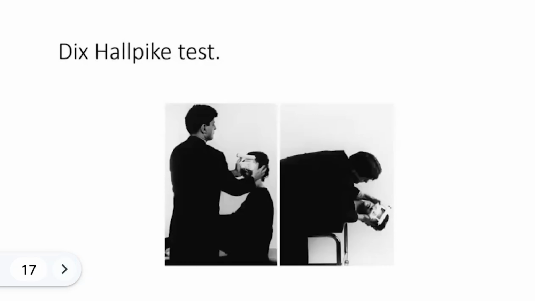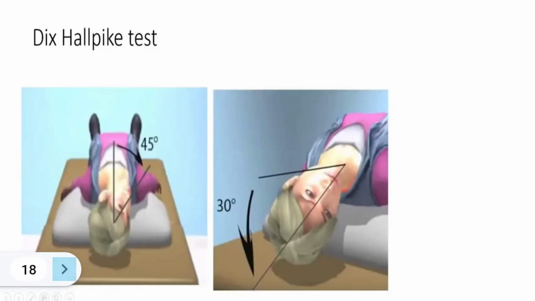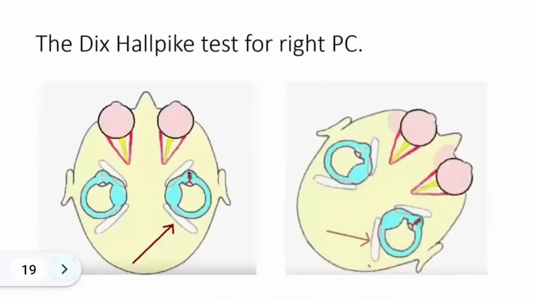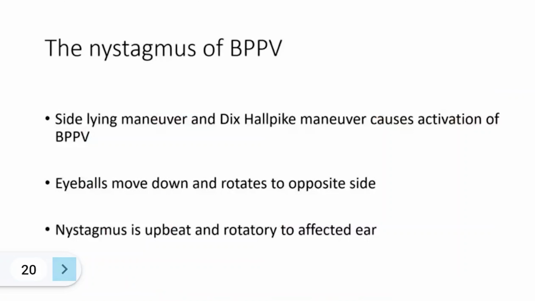In the Dix-Hallpike test, the patient is made to lie down from the edge of the table by hanging the head 30 degrees above and 45 degrees outwards. This positions the posterior semicircular canal exactly vertical, so that there will be stimulation of the posterior semicircular canal of that side by movement of otoconia.